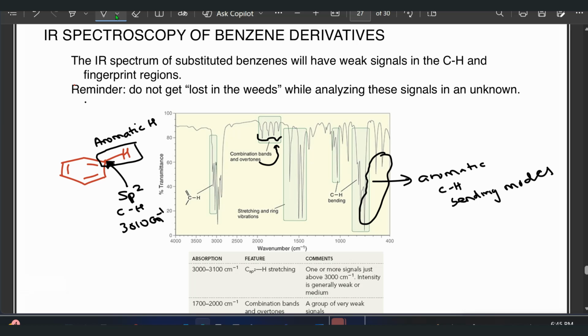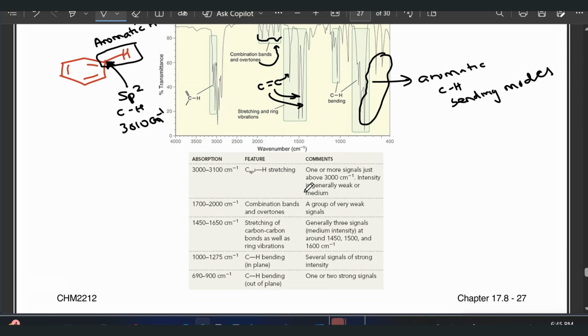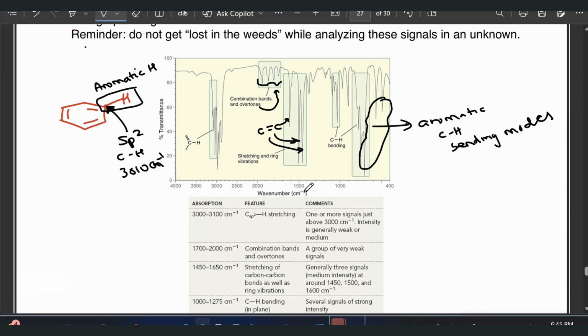Now I have to concern myself with it. They lied. See, the C=C is right there, but because of resonance and variations in bond length, you'll have multiple stretches, but they're the same thing. And that's it, nothing much.